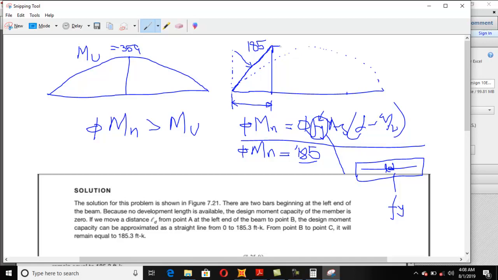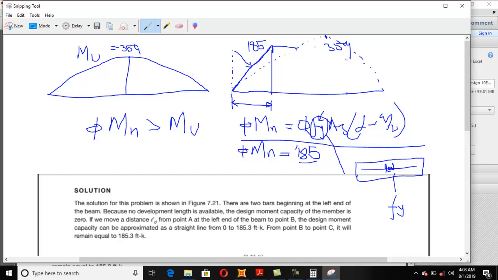You just draw a straight line, it will cut at this point. Now you know that it will go up and then it will go down. Okay, so at this point the value will be 359. Clear? The value will be 359.